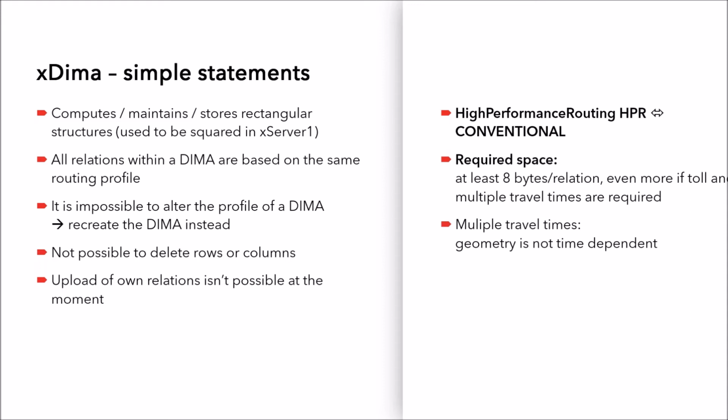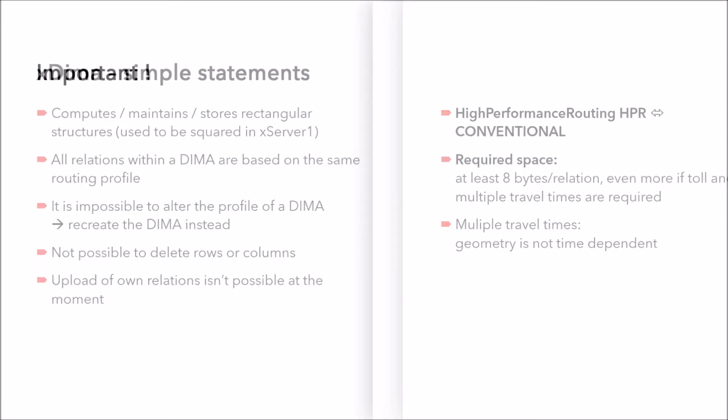If you work with multiple travel times distance matrices, keep in mind that all the single routes will be based on the same routing geometry. We just apply different dynamic time settings on the geometry of this individual track.